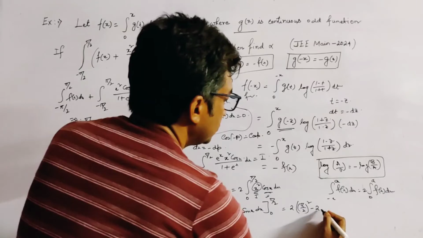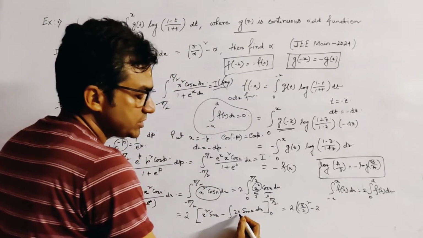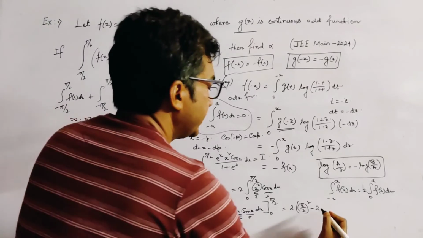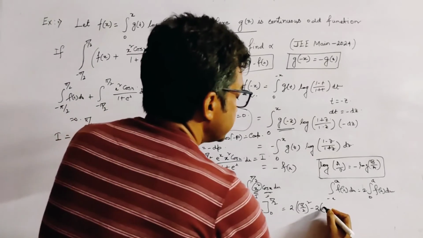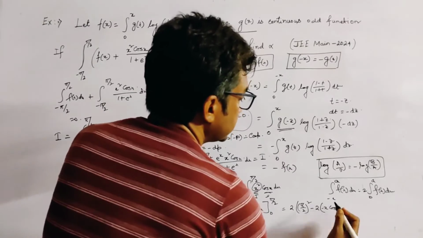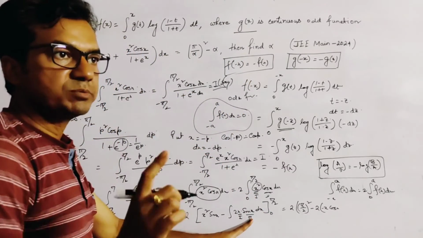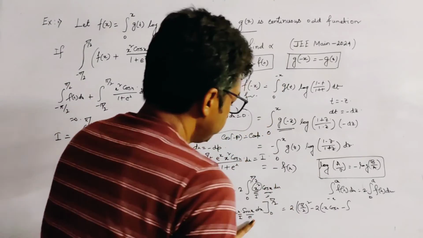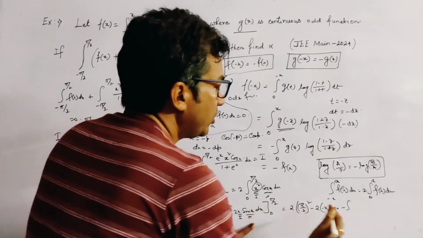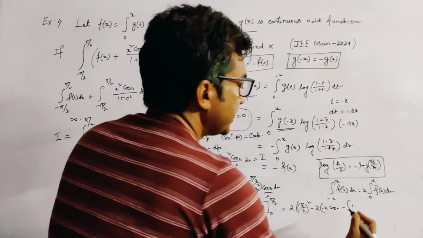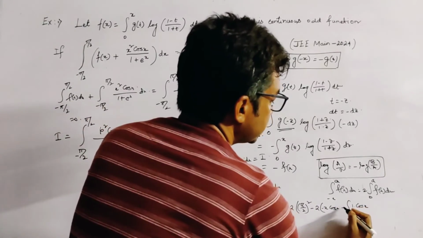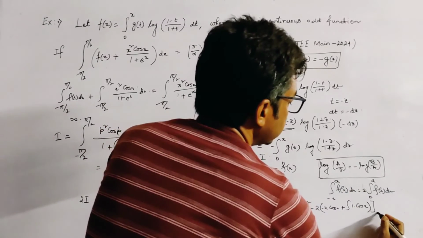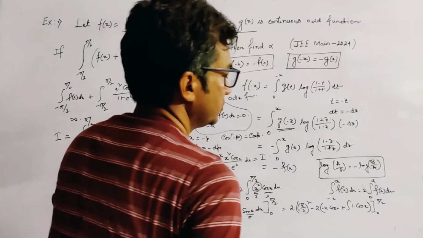From the second term, 2 into, again we use integration by parts. This is the first function, this is the second function, and we get x cos x with a minus, because the integration of sin x is minus cos x, and minus the integration of the derivative of x, which is 1, times minus cos x, so this is plus, and the range is 0 to pi by 2.